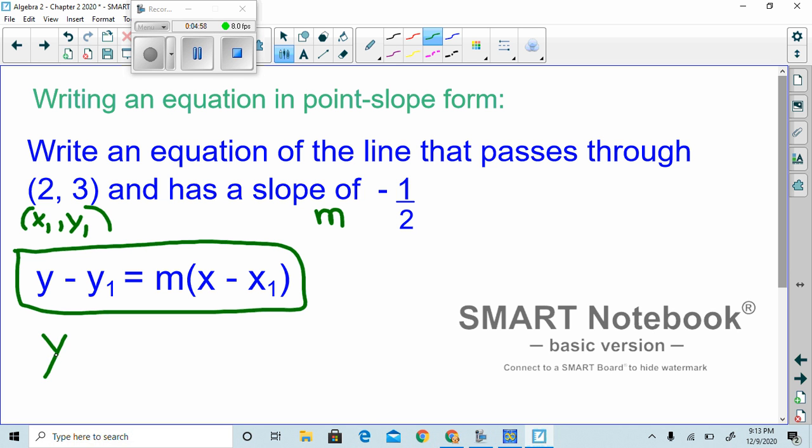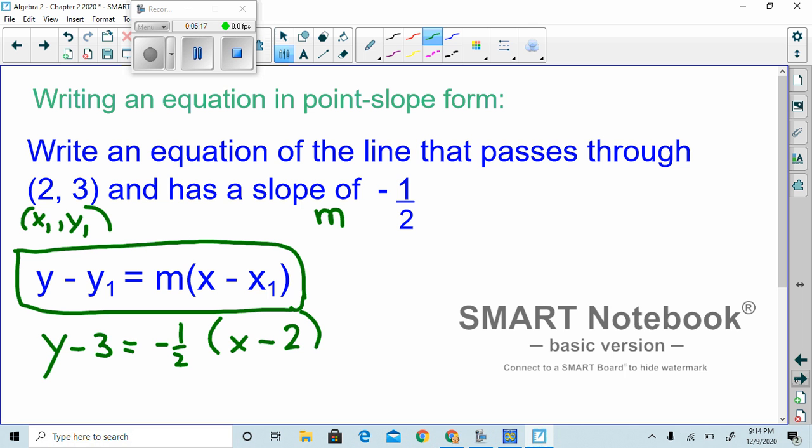This just gives me y minus 3 equals a negative 1/2 times x minus 2. That's all there is to it. You're just replacing in those couple of given values.